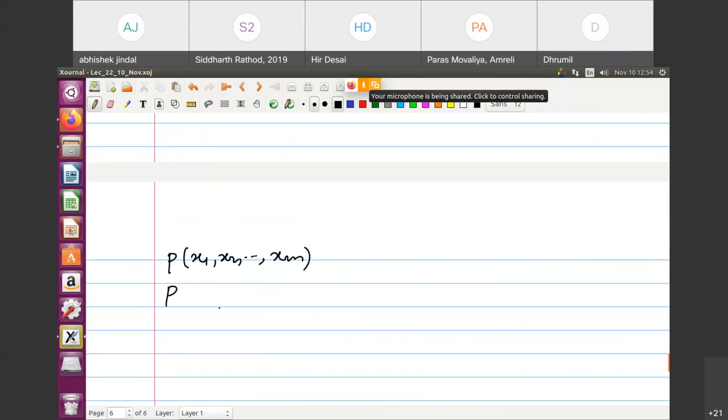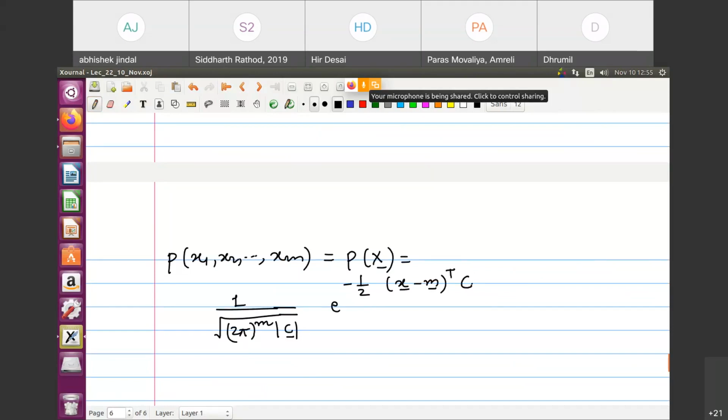A joint PDF is given like this: p of x bar equals 1 upon the square root of (2 pi) to the power of m times the determinant of the covariance matrix, times e raised to the power minus 1 by 2 (x bar minus m bar) transpose C inverse (x bar minus m bar).